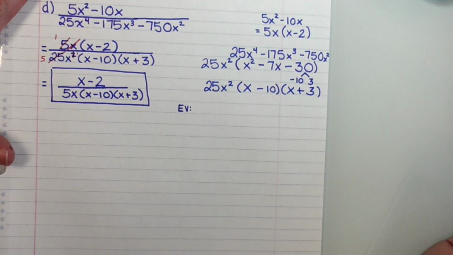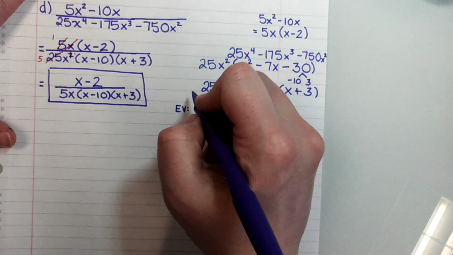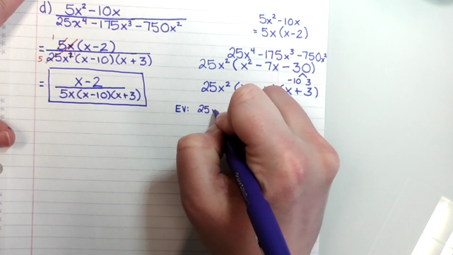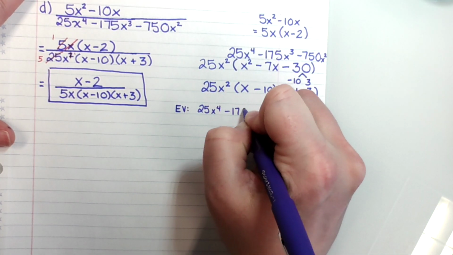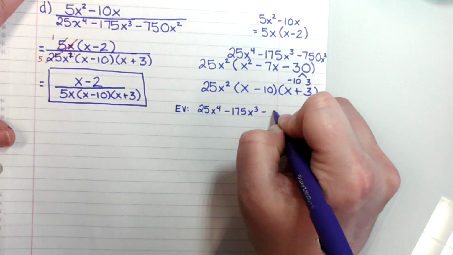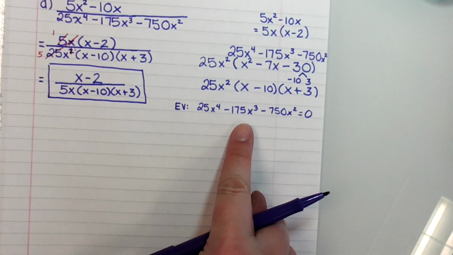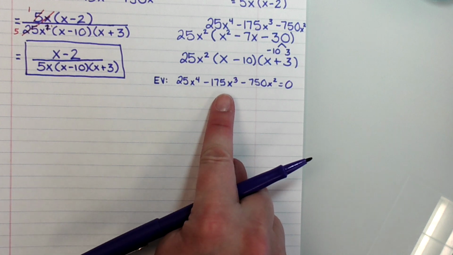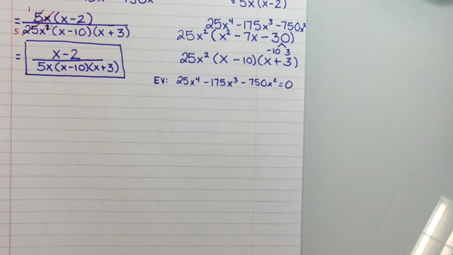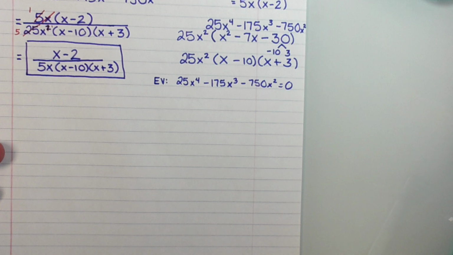What am I setting equal to 0 again? Original denominator. How do you solve a quartic polynomial equal to 0? Factoring. Didn't we already factor it?